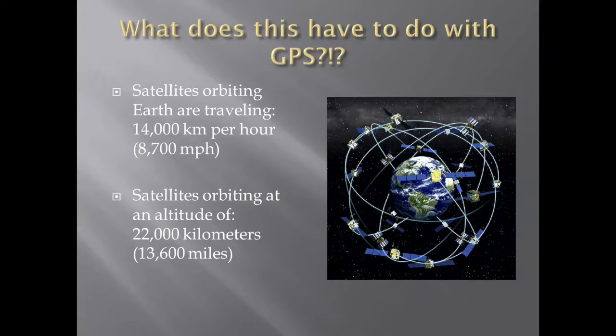Satellites orbiting the Earth are traveling at a speed of 14,000 kilometers per hour. While this is nowhere near the speed of light, it's fast enough for special relativity effects to be considered. Also, satellites are orbiting at an altitude of 22,000 kilometers, which means the pull of gravity there is essentially zero and much different than the gravity of that on the Earth. Therefore, general relativity effects are seen.